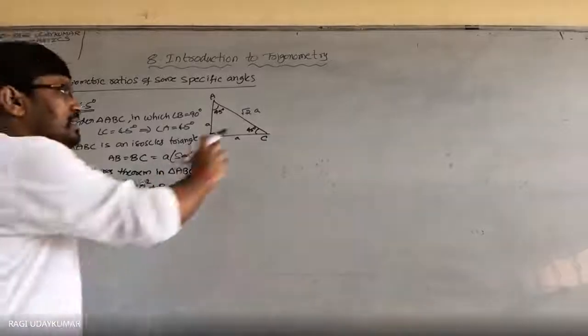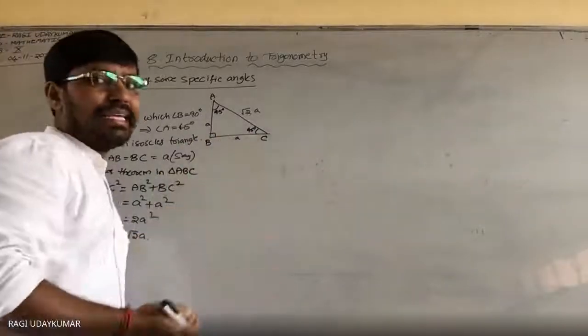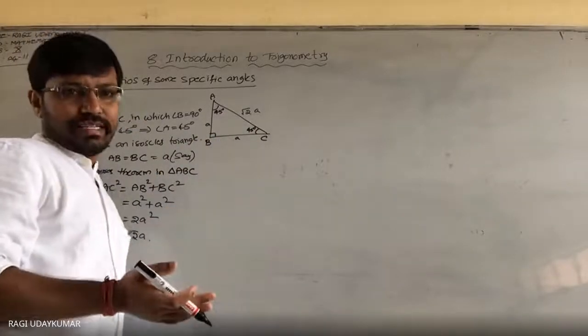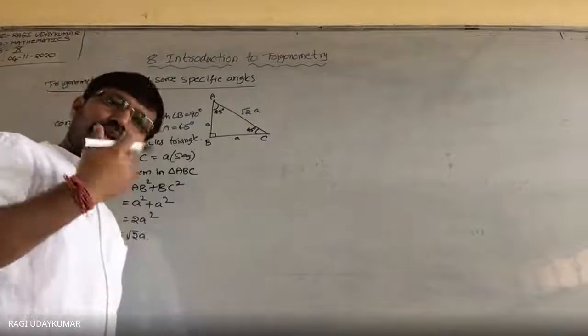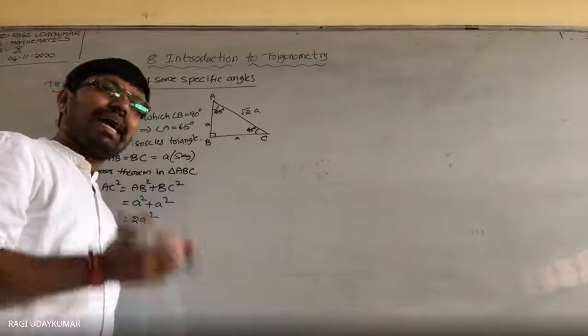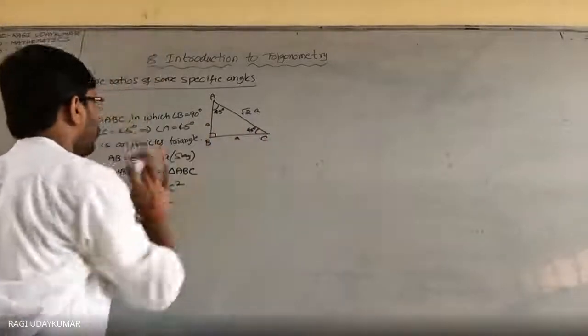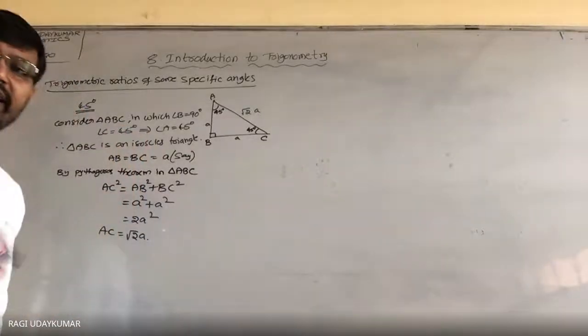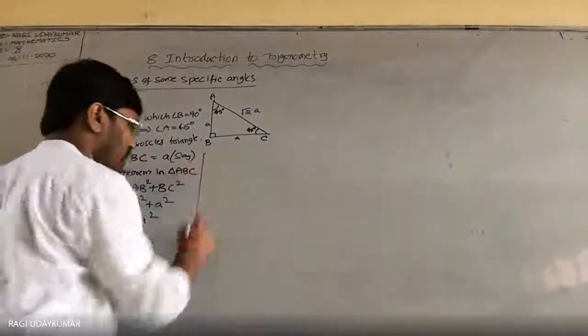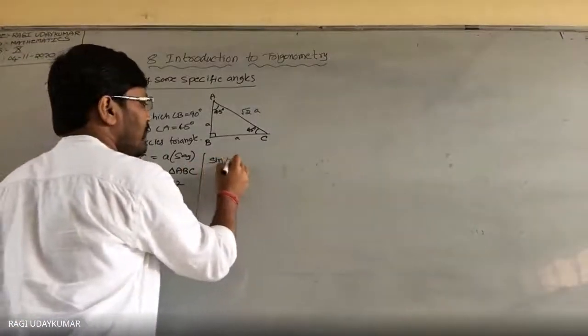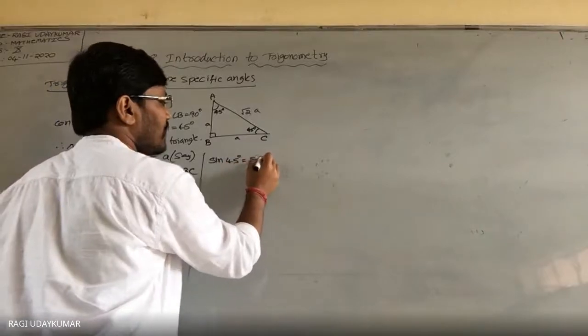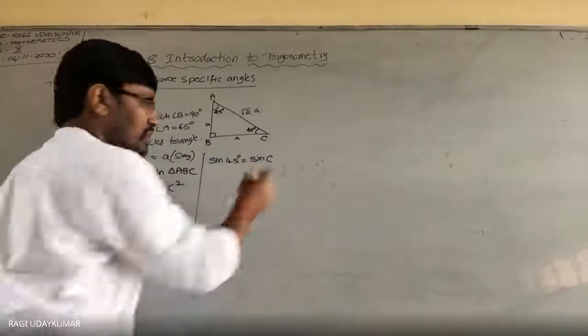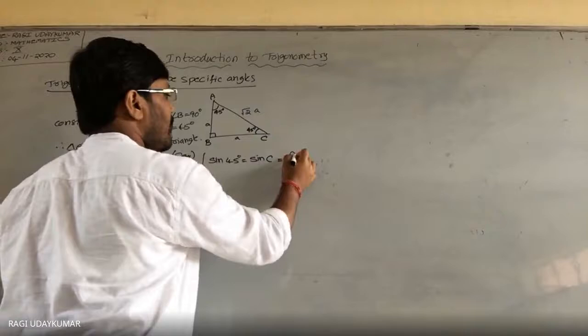Sin 45 degrees is nothing but you take the angle C or angle A. Both are 45 degrees, so you can take either one. First, here we consider angle C equal to 45 degrees, so better you take the angle C only. So sin 45 degrees is nothing but sin C. What is the opposite side of C? AB.